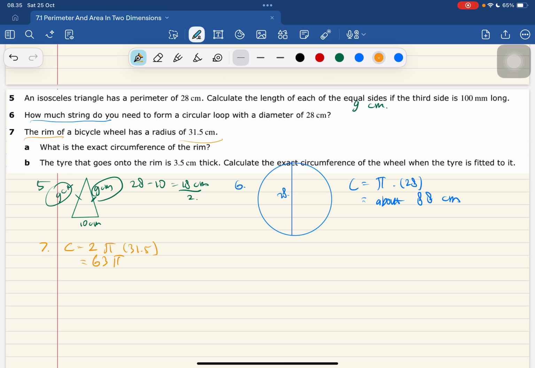Remember the value of pi, or we can just keep it like this if they don't ask for it exactly. Okay, the tire that goes onto the rim is 3.5 thick. Calculate the exact circumference of the wheel when the tire is fitted. So we can draw it here.